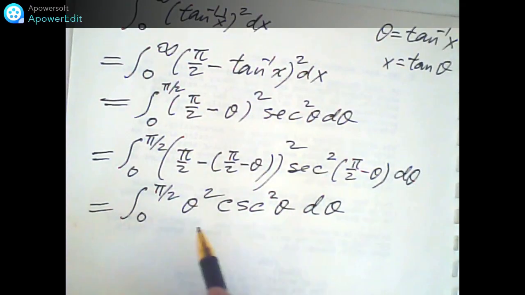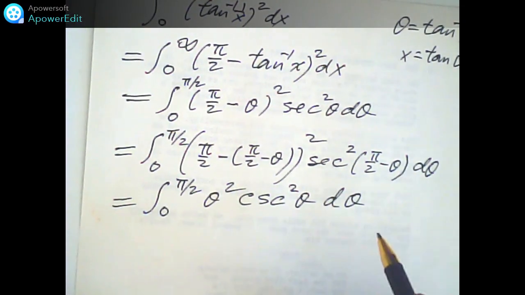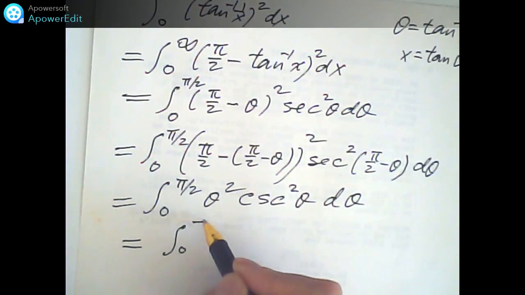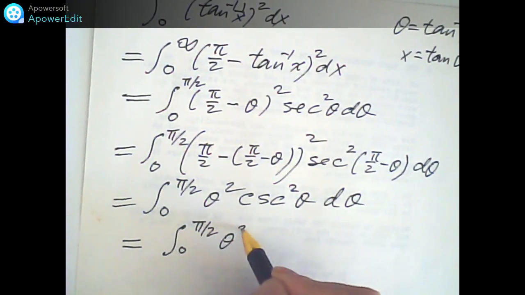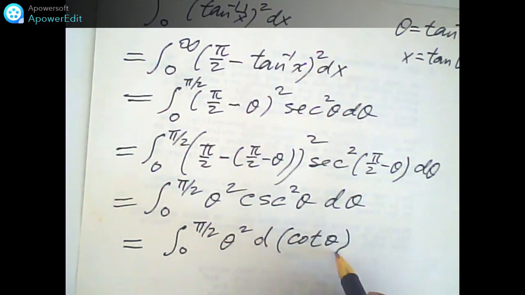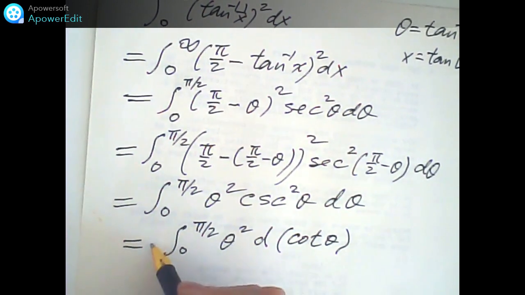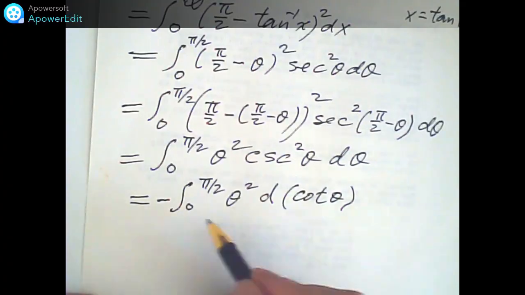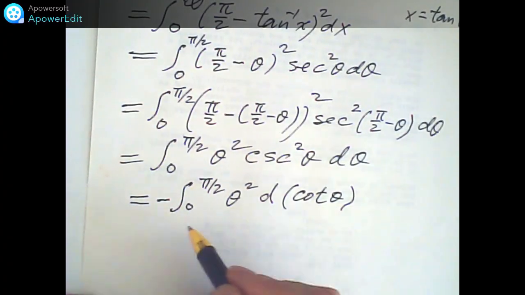Then I want to create a condition for integration by parts. So this one is equal to the integral from 0 to half pi of theta squared, this is d cotangent theta negative, right? This is equal to that. Now then I can use by parts.